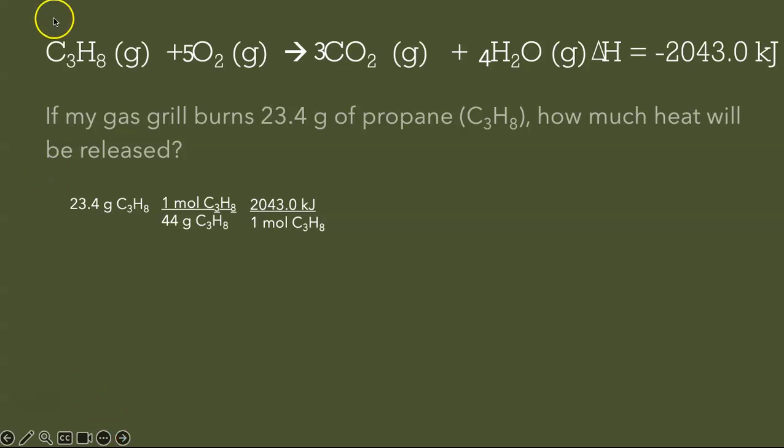If I had 1 mole, but of course I don't have 1 mole, I have much less than that. And so I'm coming up with 1,086.5. Rounding that to 3 sig figs, I come up with 1,090 kilojoules of energy will be released. Now notice I didn't put a negative sign with that because I'm telling you this is how much energy is going to be released through this reaction.